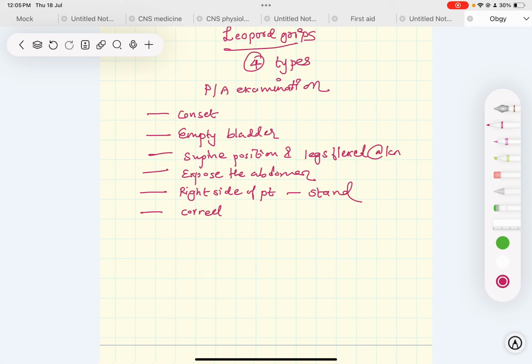First we have to correct the dextrorotation of the uterus, and then take the fundal height and symphysial fundal height.